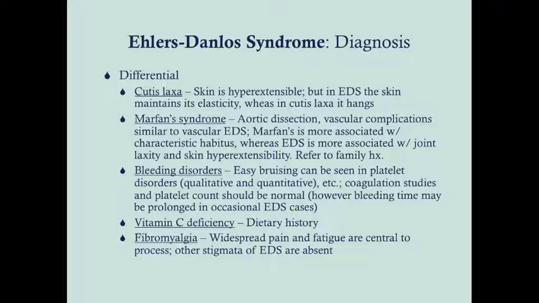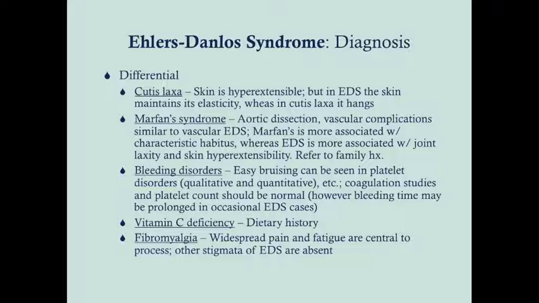Marfan syndrome shares some similarities to vascular EDS in that there's aortic dissection, vascular complications, but Marfan syndrome is more associated with that characteristic habitus, the arachnodactyly, whereas Ehlers-Danlos syndrome is more associated with joint laxity and skin hyperextensibility, which we don't necessarily see in Marfan syndrome.